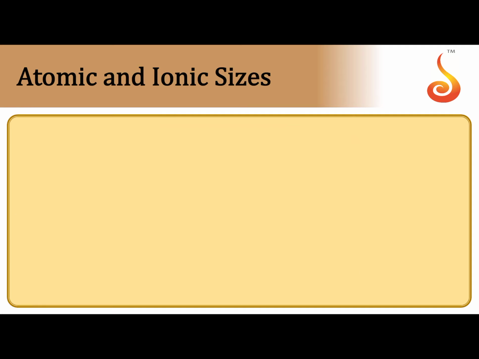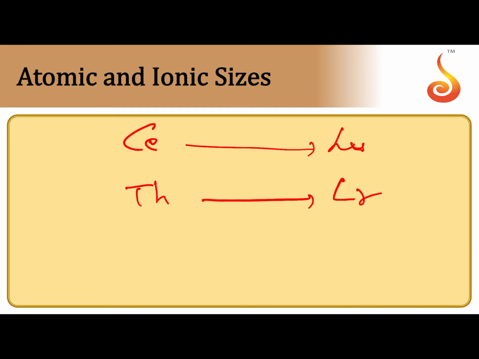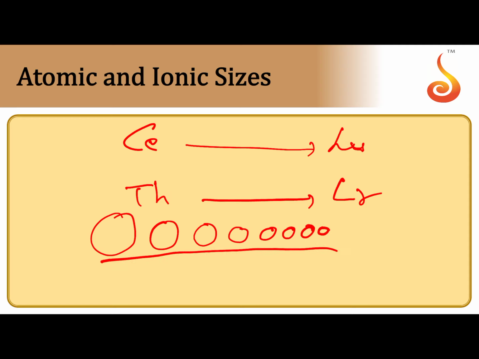Atomic size and ionic size from cerium to lutetium or thorium to lawrencium gradually decrease. Such a reduction in atomic size as well as ionic size in the elements of lanthanoids as atomic number increases is called lanthanoid contraction.